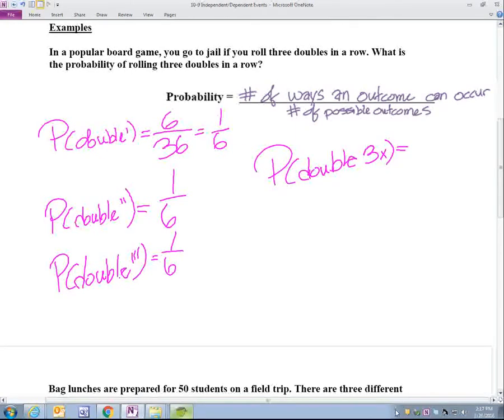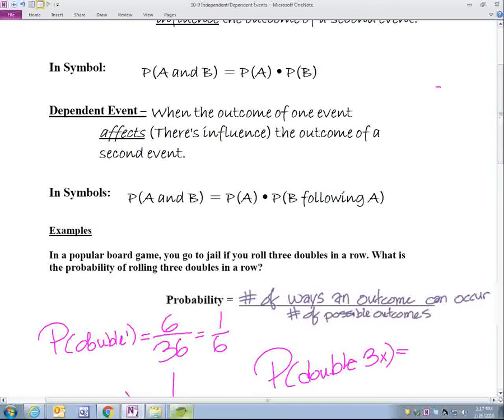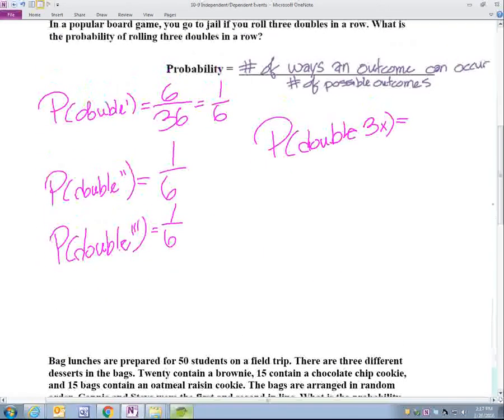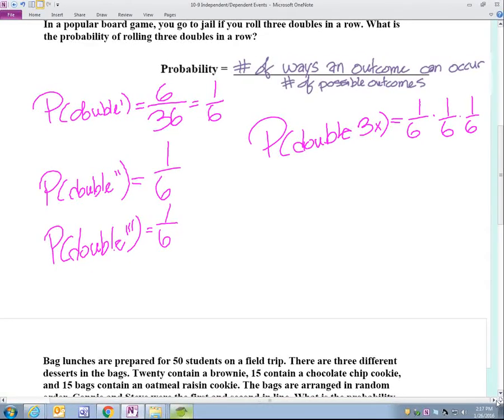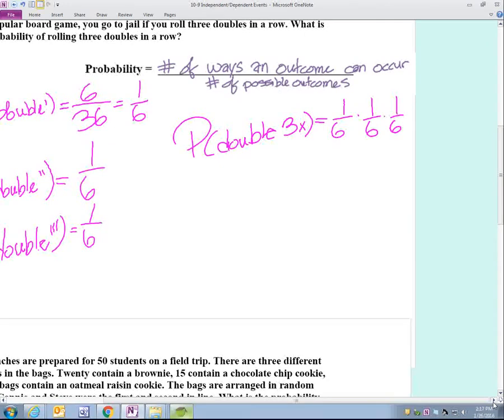And according to our formula right here, we have to multiply each probability together. So I just do 1 times 6, 1 times 6, 1 times 6. Or sorry, 1/6, 1/6, 1/6.